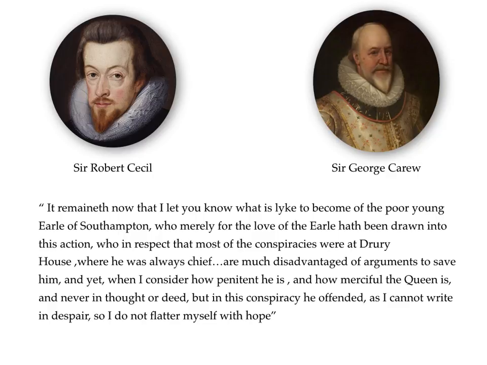And yet, when I consider how penitent he is, and how merciful the Queen is, and never in thought or deed, but in this conspiracy he offended, as I cannot write in despair, so I do not flatter myself with hope.